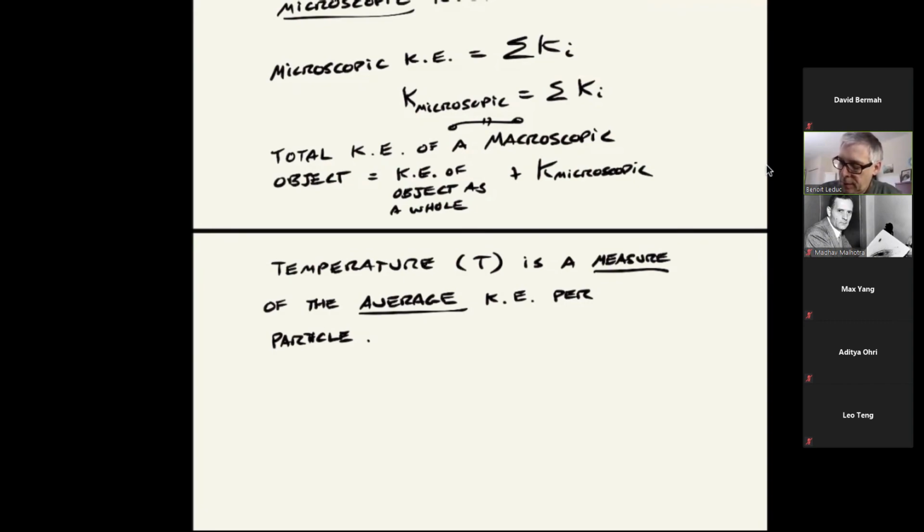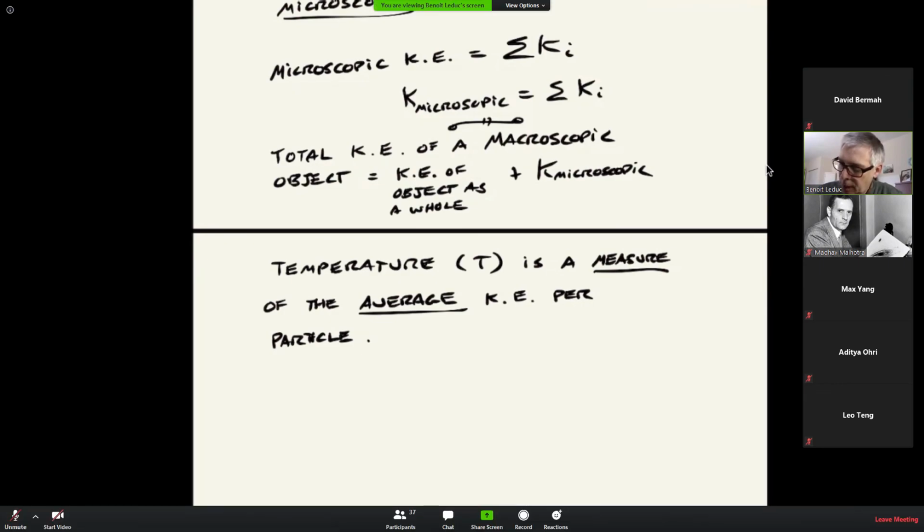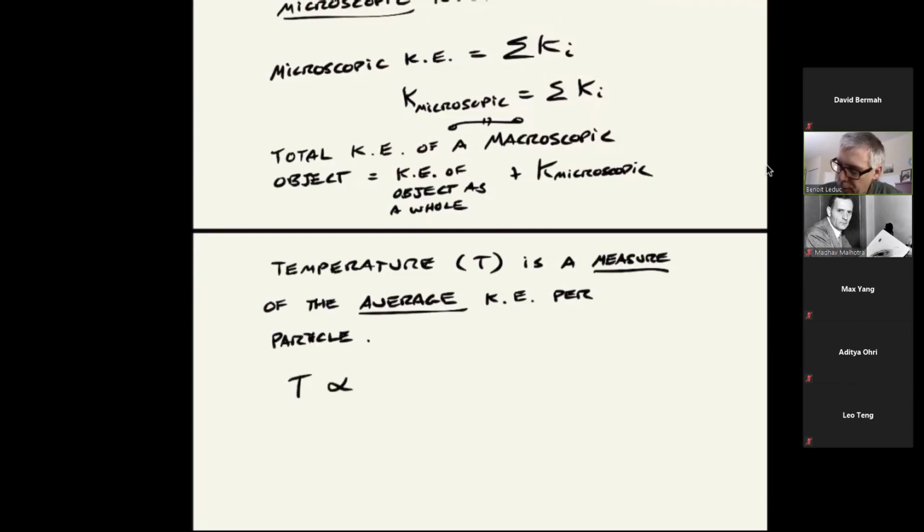So what it means here is that temperature is proportional to this. If you take the microscopic kinetic energy of a microscopic object and you divide by n, where n is the number of tiny particles, this is the average kinetic energy per particle.